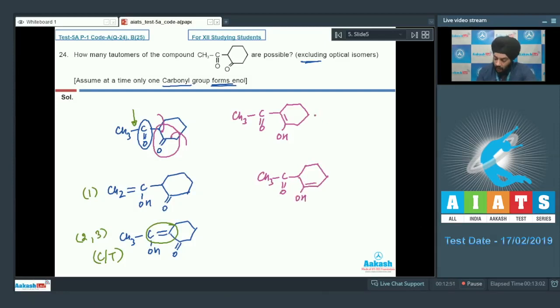Now if we talk about the enols which are derived from the cyclic carbonyl compound, none of these two enols can show geometrical isomerism. So if we talk about the total number of enol forms that are formed, we're going to have a total of 5 structures for this substrate which is given to us. So students, for this question, we have to mark the correct answer as 5. Let us look at the next question.